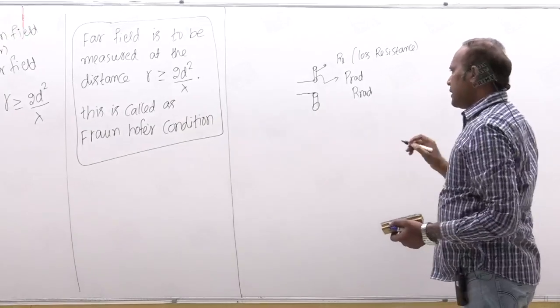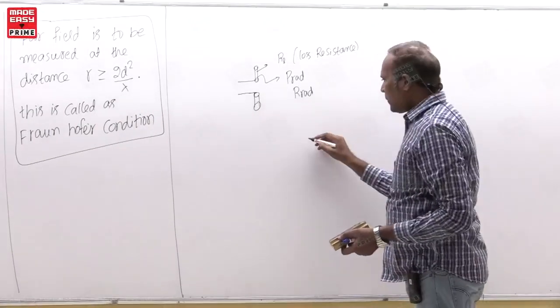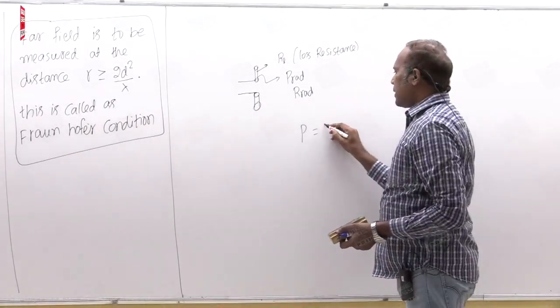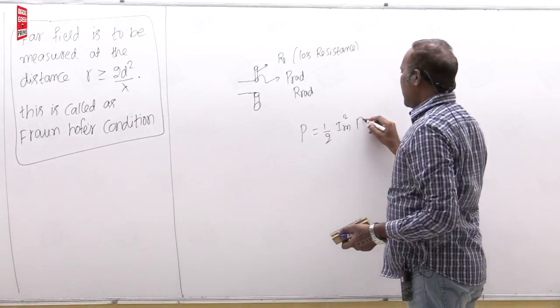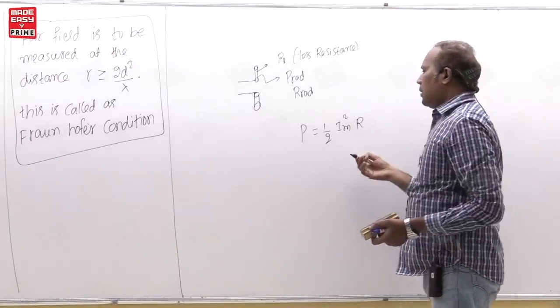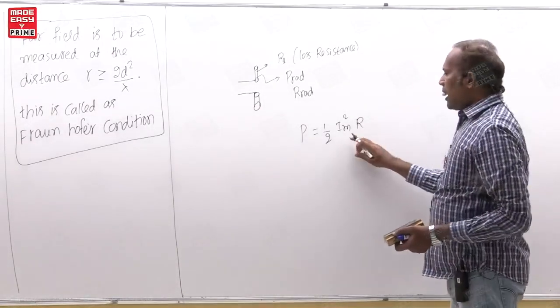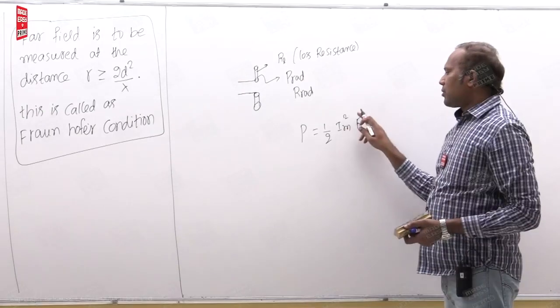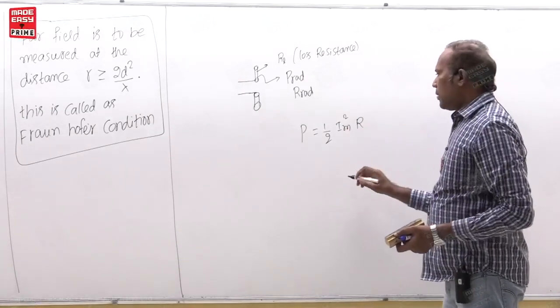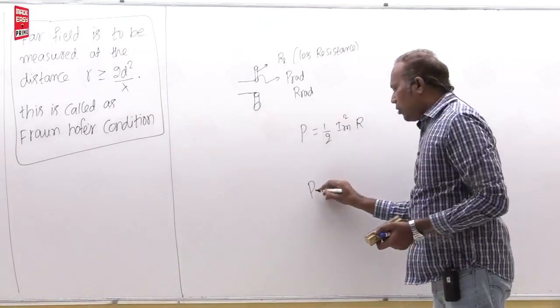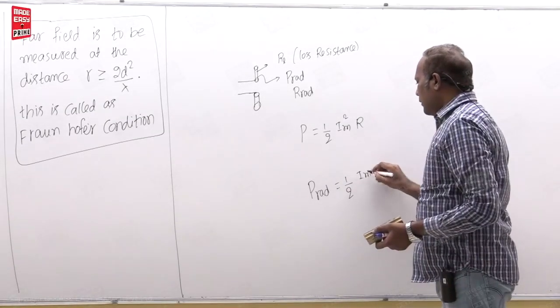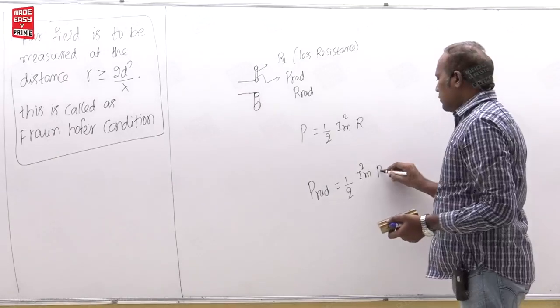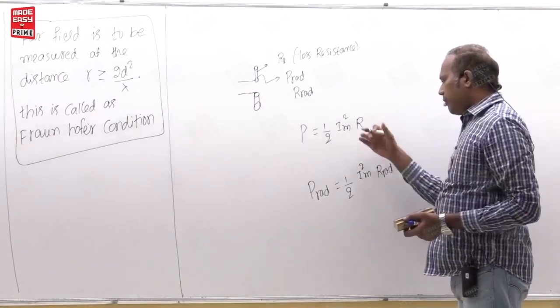Students, in network theory, average power is equal to half into Im square into R, that is with the maximum value. If you write RMS, then I RMS square into R. Here, power radiated is equal to half into the maximum value of the current whole square into the radiation resistance, same formula.